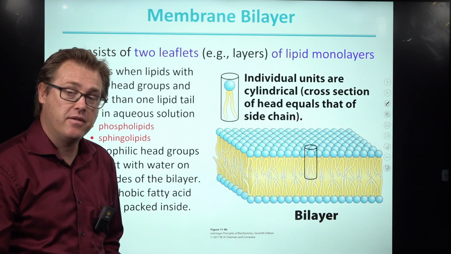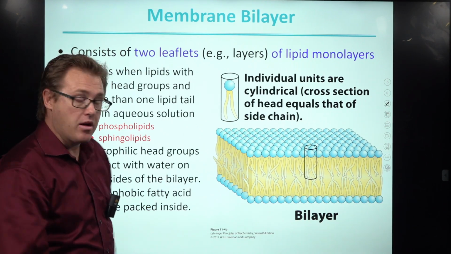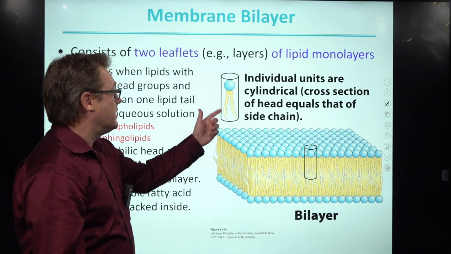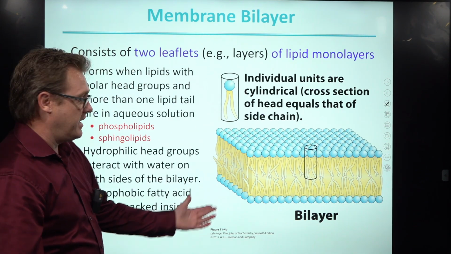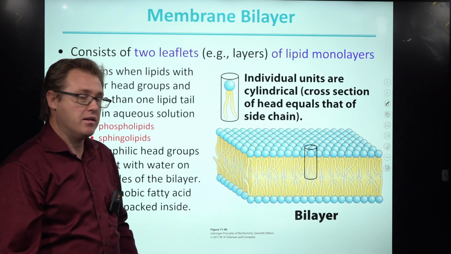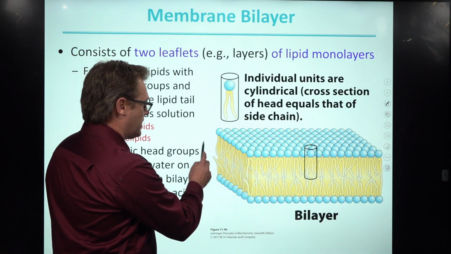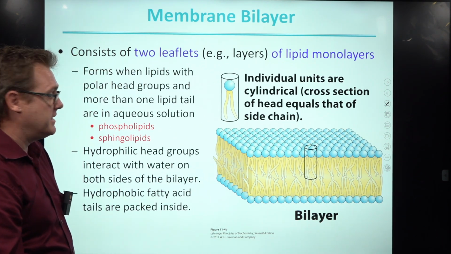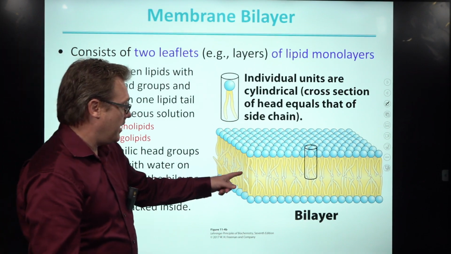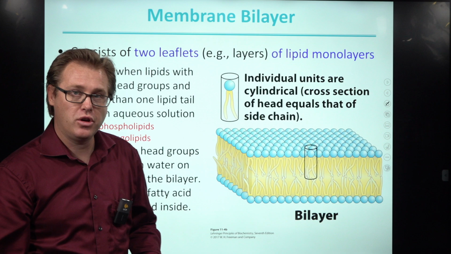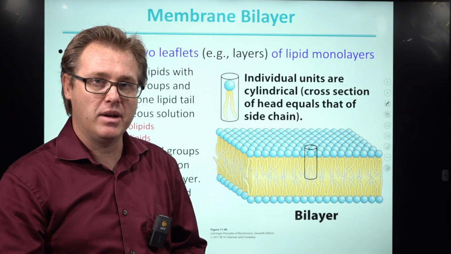Now when you have lipids whose cross section is more cylindrical, you can see we're going to generate a bilayer. And when we look at that bilayer, we see that there's a top leaflet and a bottom leaflet there, and the hydrophobic tails are associating with one another.